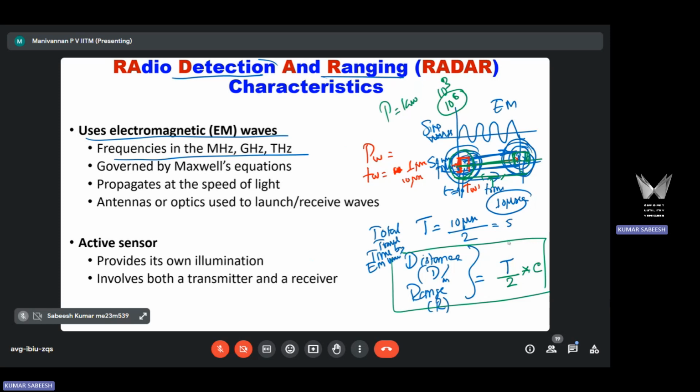When it hits an object in front of the radar and is reflected back, the reflected pulse is captured by the same antenna, and the radar has an electronic circuit which can measure the time traveled, capital T. Then it is divided by 2 and multiplied by c, where c equals the speed of the electromagnetic wave, which is 3 into 10 power 8 meters per second. Have you heard this number anywhere?